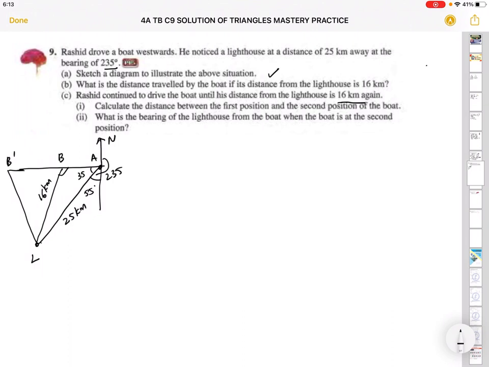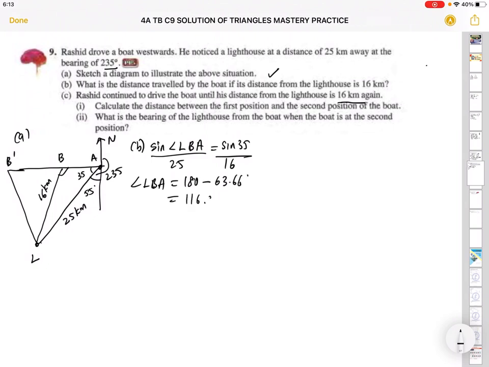I'm going to write sine angle LBA divided by 25 equals sine 35 divided by 60. And since I know it's an obtuse angle, I'll take 180 minus whatever I get here, which is 63.66. I got 116.34, right?